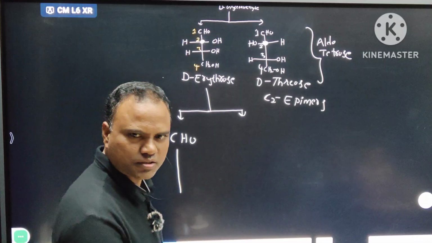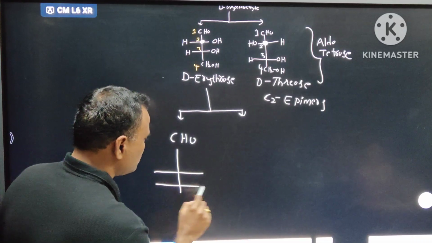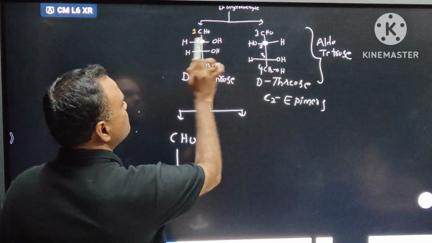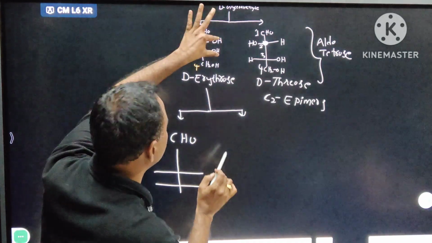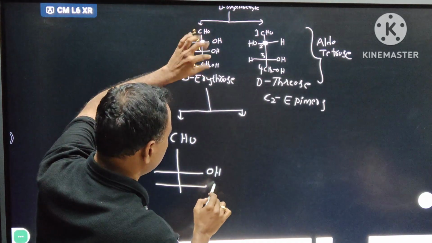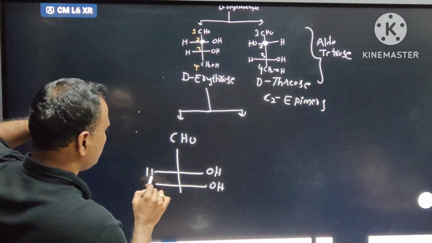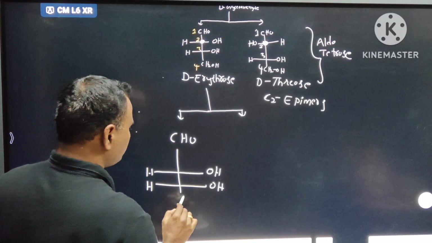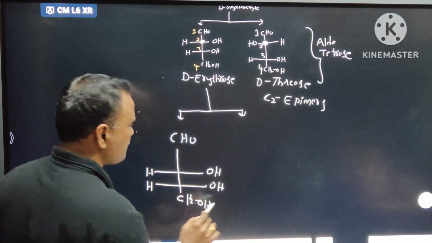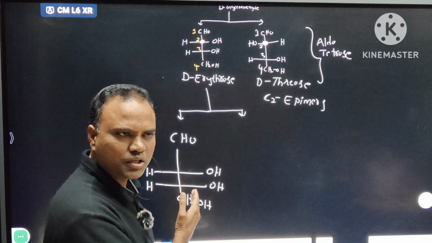Give one space for a new horizontal line, and this part is the same. OH, OH, H, CH2OH. We moved left.